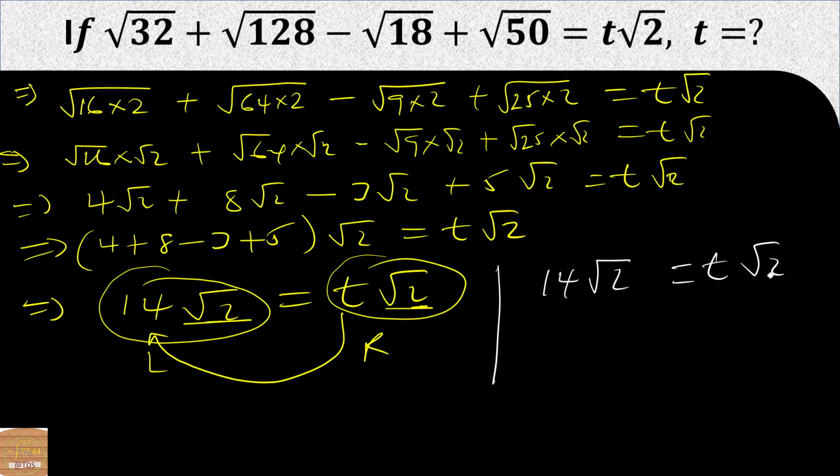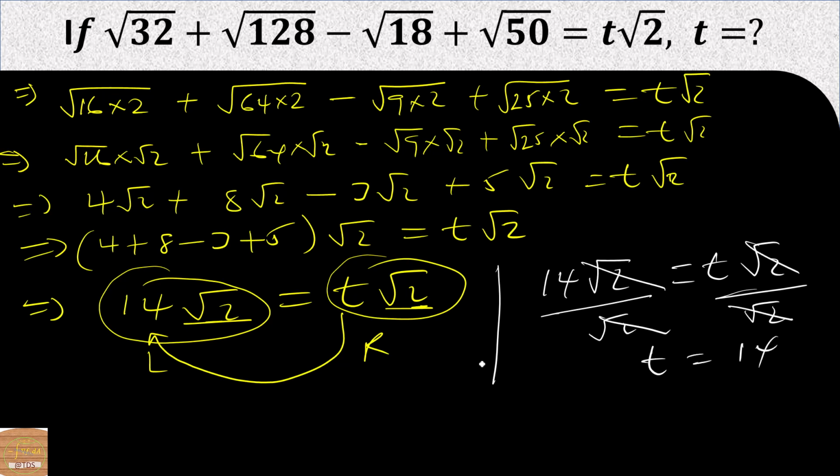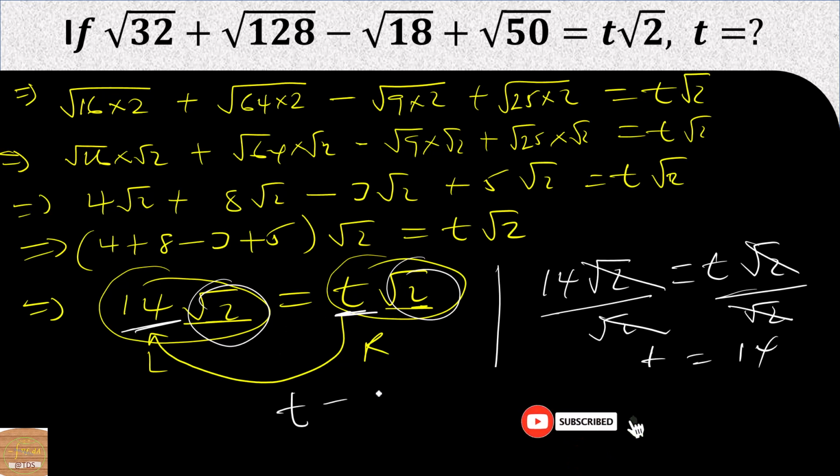Okay, you can divide both sides by √2, and this one cancels. So t is 14. Or you can say by comparison, since we have √2 here, √2 there, therefore the coefficients are also equal. So t is 14. So whichever way, you get the same answer.